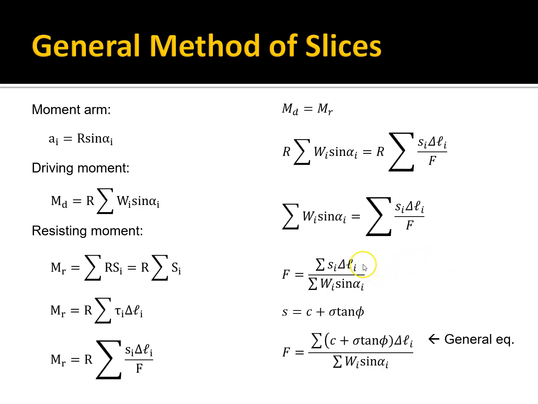These are the sum of the moments resisting failure divided by the sum of the moments driving failure. And if you plug in C plus sigma tan phi for SI, you get this. So this is the general equation for the general method of slices.